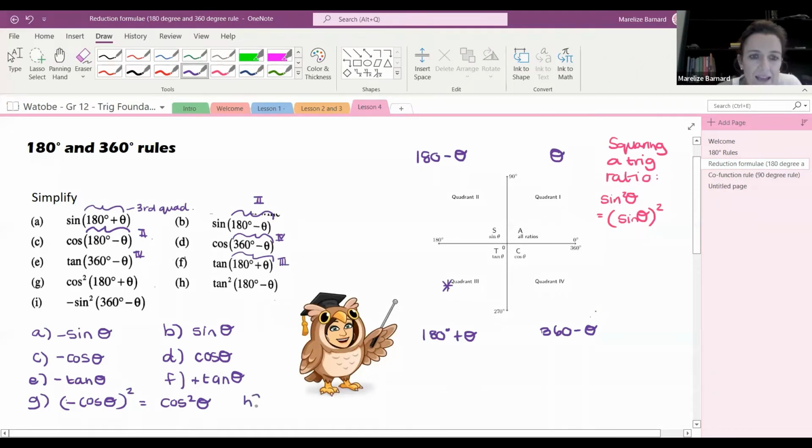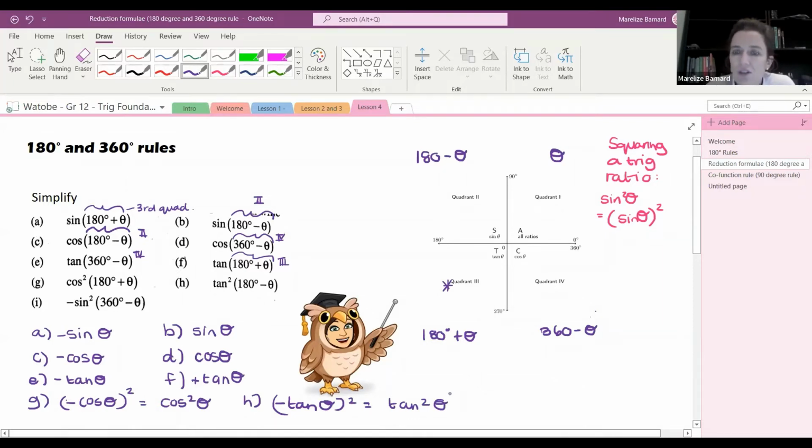Okay, and then H, tan squared of 180 minus theta. Let's try that one again as well. So 180 minus theta is the second quadrant. So tan in the second quadrant is negative, but we are going to square it. And that gives me tan squared theta. Well done, Panita.